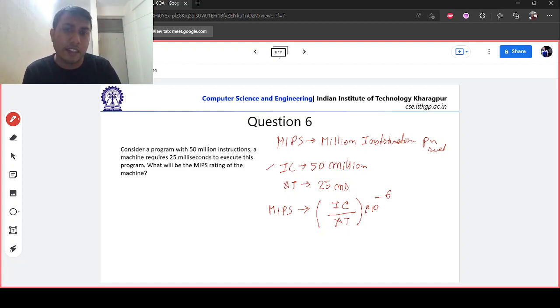Here IC given is 50 million and XT given is 25 milliseconds.